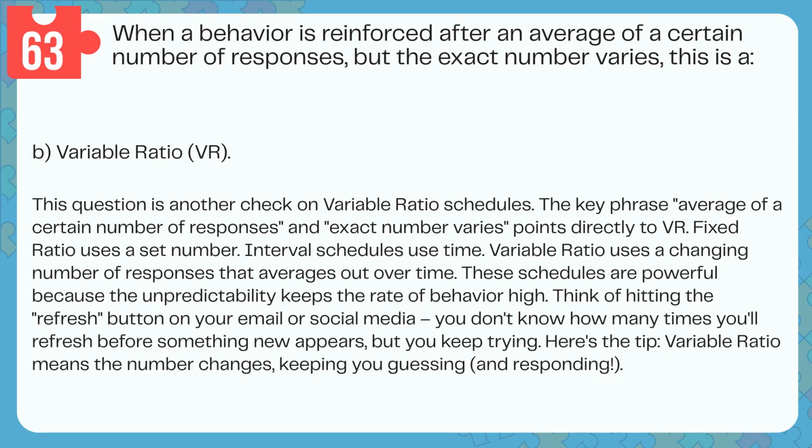These schedules are powerful because the unpredictability keeps the rate of behavior high. Think of hitting the refresh button on your email or social media. You don't know how many times you'll refresh before something new appears, but you keep trying. Here's the tip. Variable ratio means the number changes, keeping you guessing and responding.